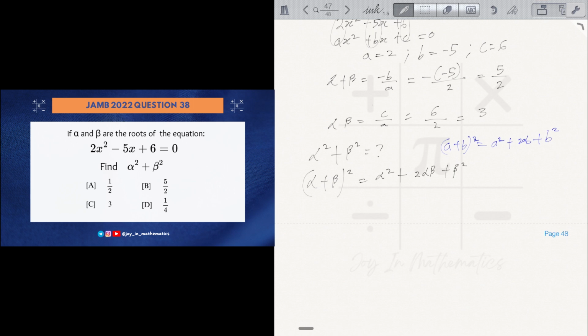So let's bring 2 alpha beta to the left hand side. So we'll have alpha plus beta squared minus 2 alpha beta is equal to alpha squared plus beta squared. So we've established that alpha squared plus beta squared is equal to alpha plus beta squared minus 2 alpha beta.